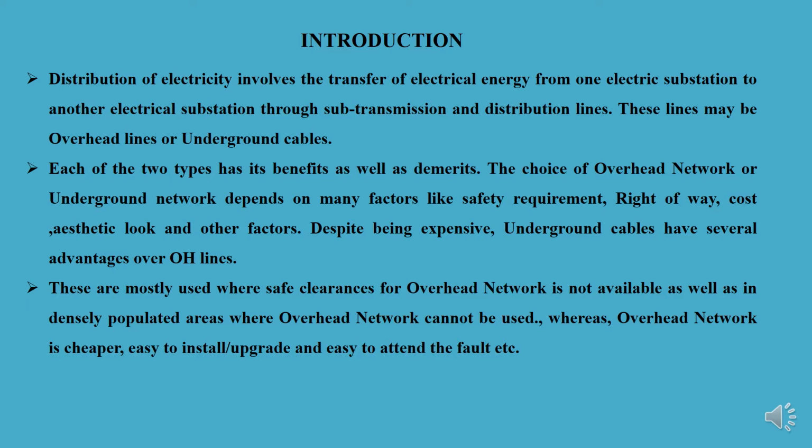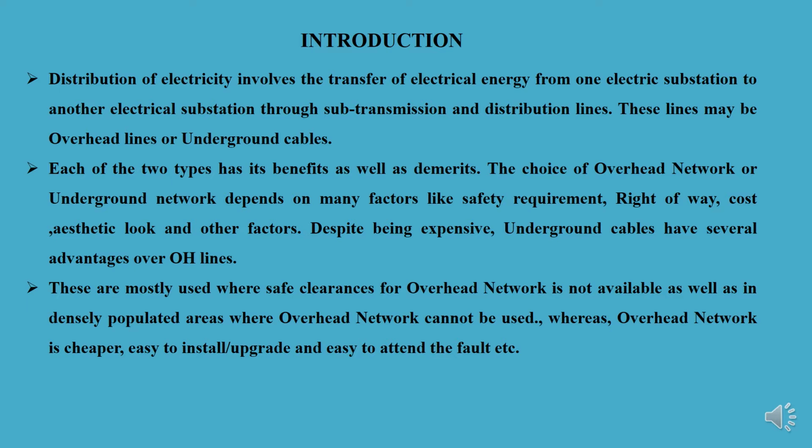Despite being expensive, underground cables have several advantages over overhead lines, right? So there are some more advantages of these underground cables as compared to overhead lines, but we cannot be sure, right? So there are some advantages and disadvantages, but according to the conditions or some factors, we have to decide the underground or overhead network system.